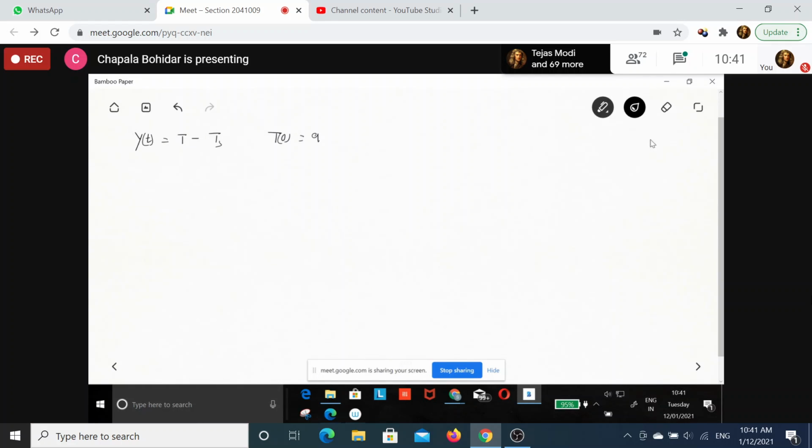It is 95 degrees centigrade. And the temperature of the surrounding, what is given? 20. So the initial temperature is 95 degrees and the surrounding temperature is 20, then I can find the value of y0, T of 0 minus Ts.